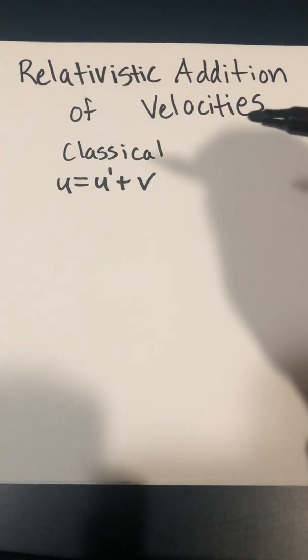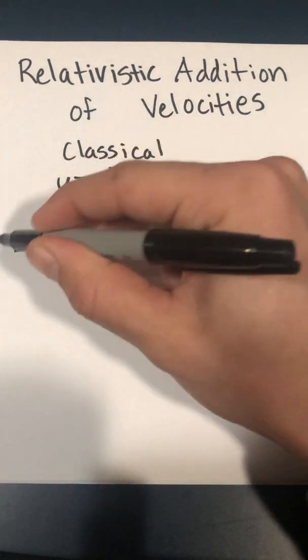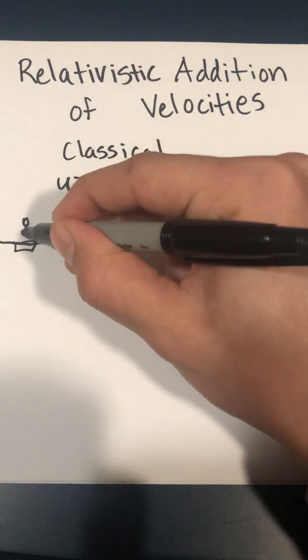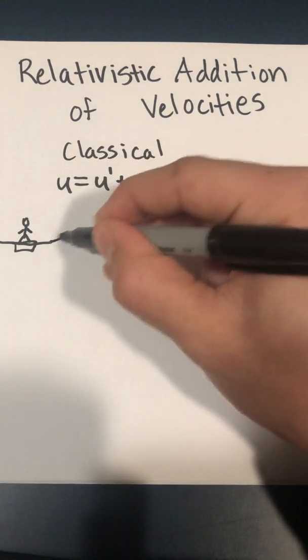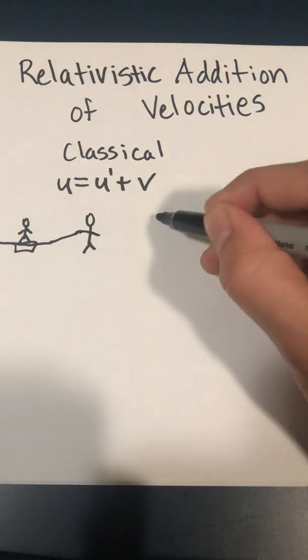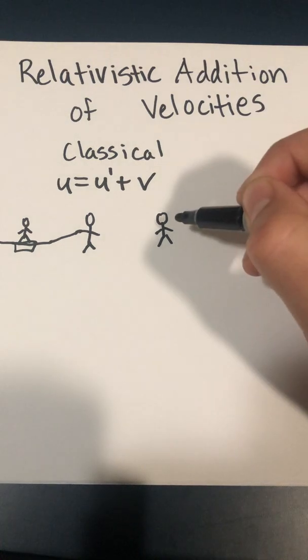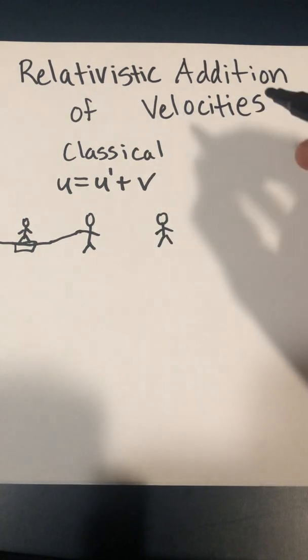So to do a problem to illustrate this, we're going to imagine we have a child on a sled right here getting pulled by his dad, with an observer watching from this spot in front of them.